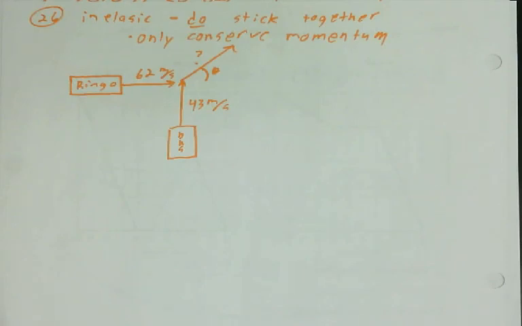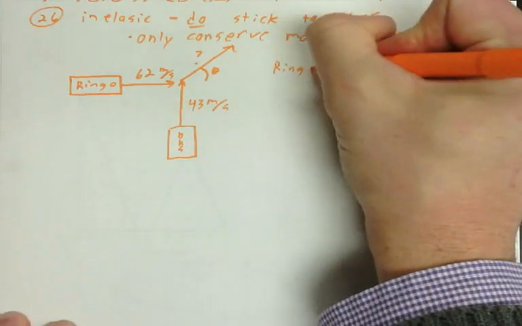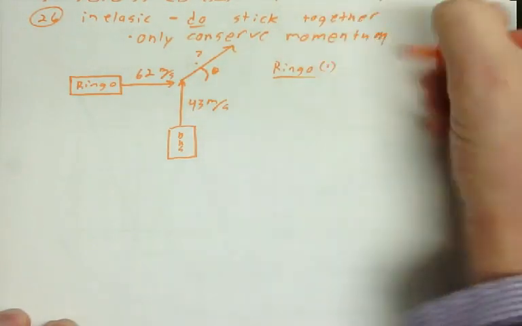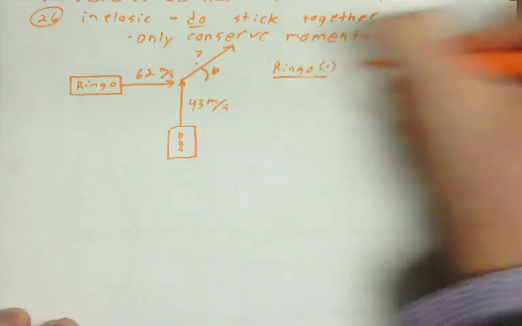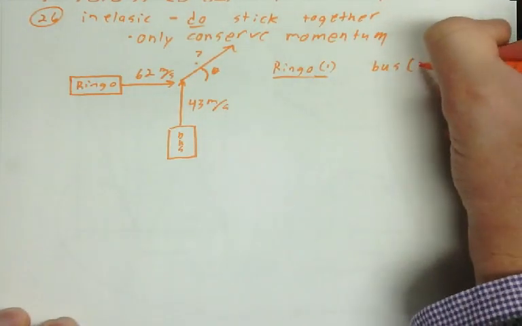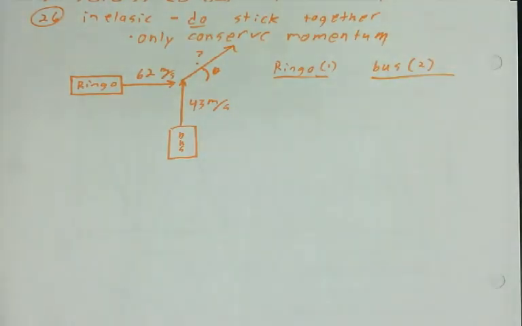So once we've got started there, I want to write down the things that I know. We're going to call the car object 1, and we're going to call the VW bus object 2. So I just start by writing down the things I know.